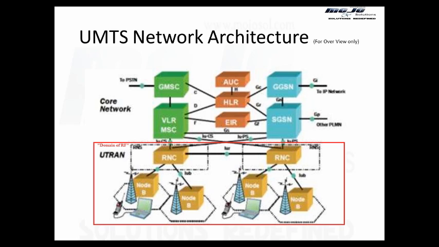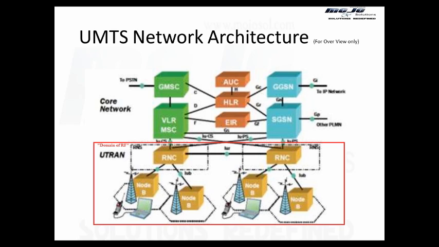What happens basically is that in different technologies, UMTS or LTE, the components change between core and radio network. The jargon changes. In GSM it was called BTS, radio base station, RBS.